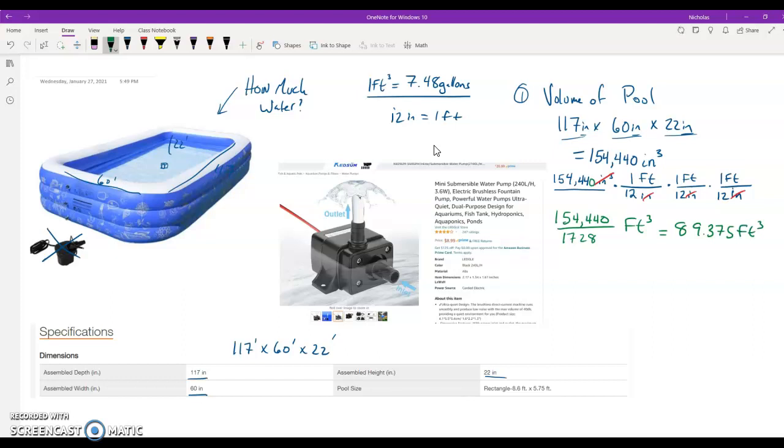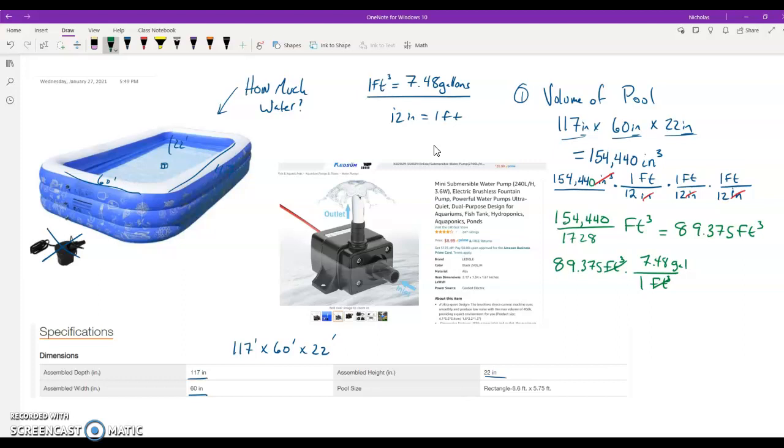Now we need to convert that to gallons. So 89.375 cubic feet. And we know that in 1 cubic foot, there is 7.48 gallons. The feet cubed are going to cancel. We're going to multiply the 89.375 by 7.48 gallons.